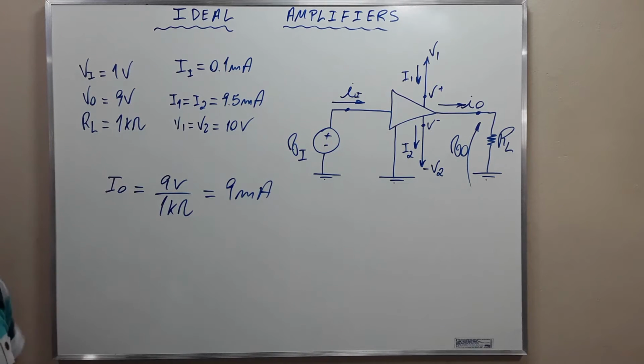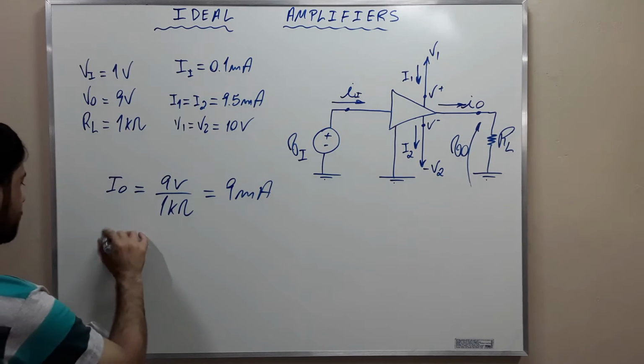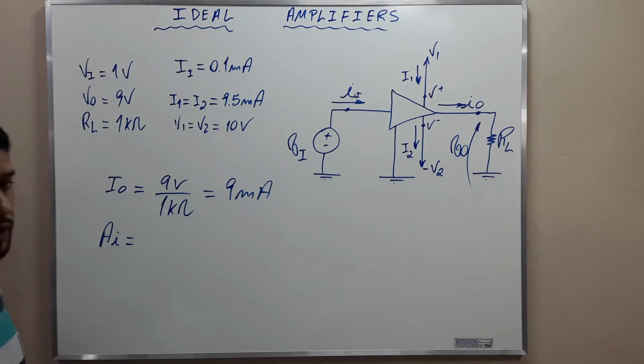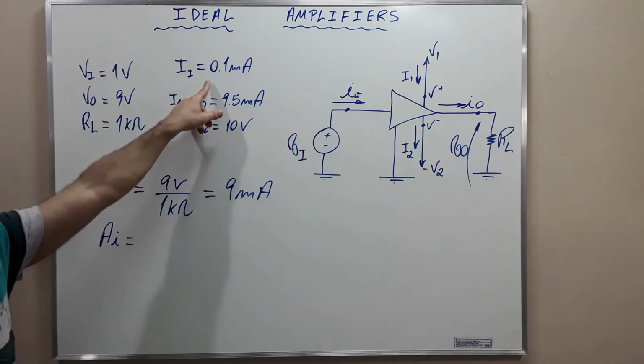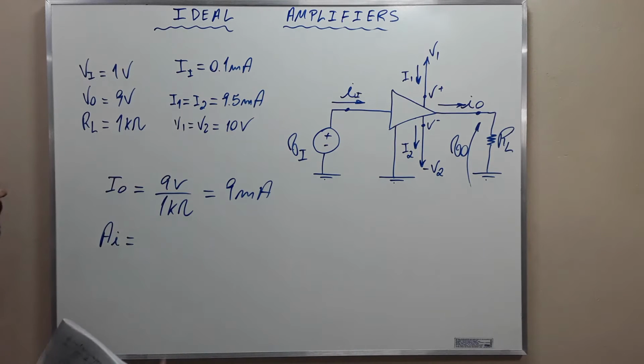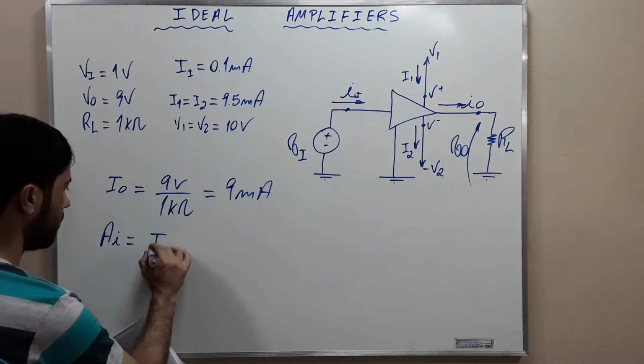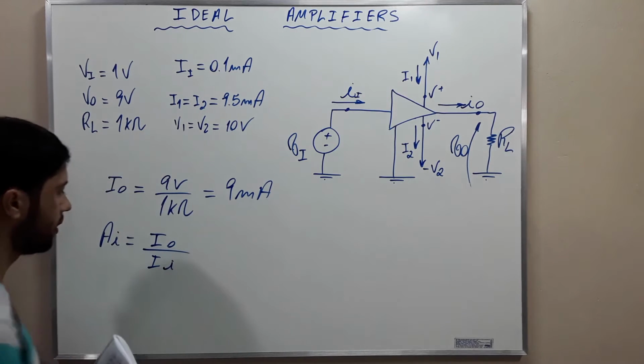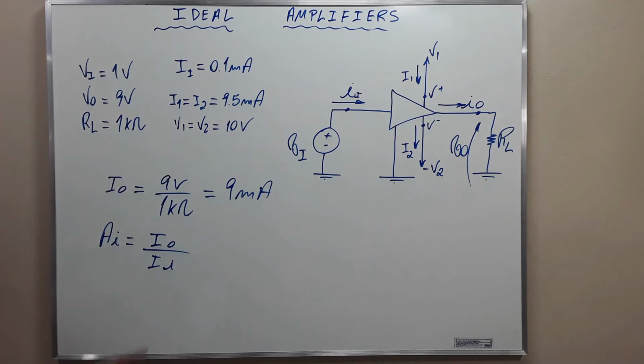We are going to use this value to calculate the current gain. The current gain, by definition, is the division between the output current and the input current. Okay?